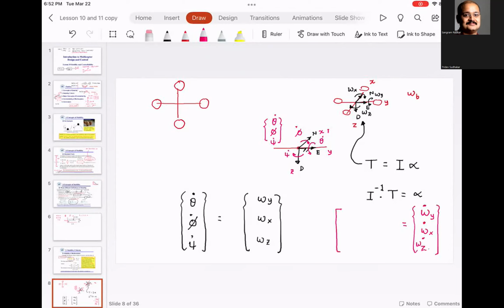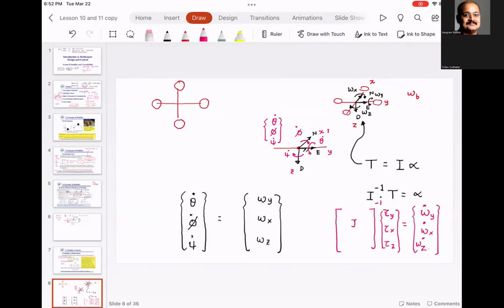I would have this J inverse, I is actually J inverse, and I'm going to have this torque in Y direction, torque in X direction, and torque in Z direction. Everyone understood this?